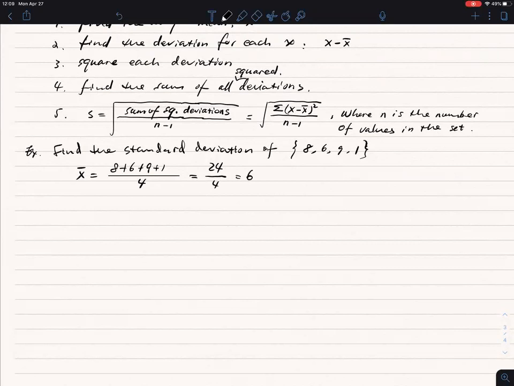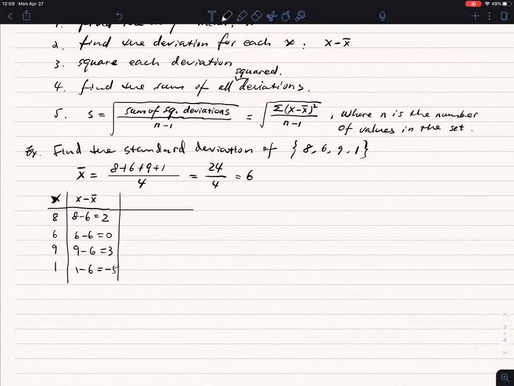So we see the values here, column X: 8, 6, 9, 1. And in the second column, we compute X minus X bar. So 8 minus 6 is 2. 6 minus 6 is 0. 9 minus 6 is 3. 1 minus 6 is -5.